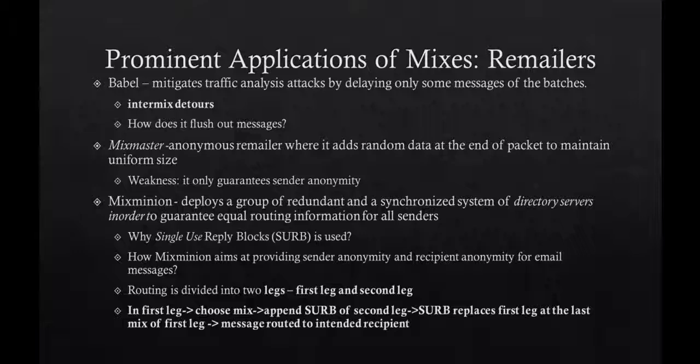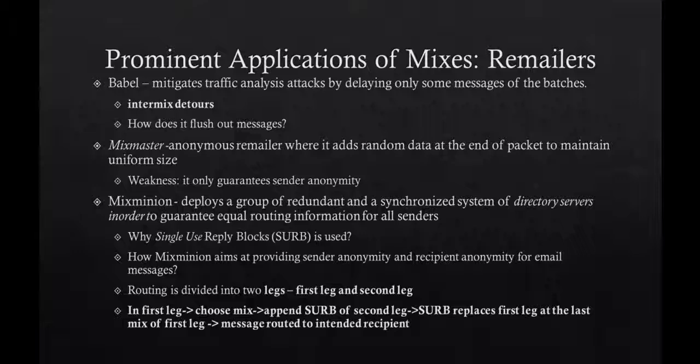Mixminion aims at providing sender anonymity and recipient anonymity for email messages. The routing path is divided into something called legs, each consisting of half of the mixers. Sender chooses the first half and the receiver chooses the second half.